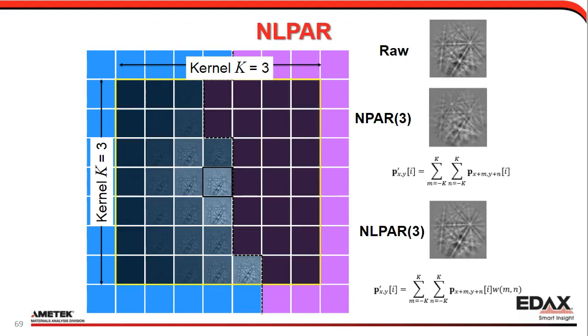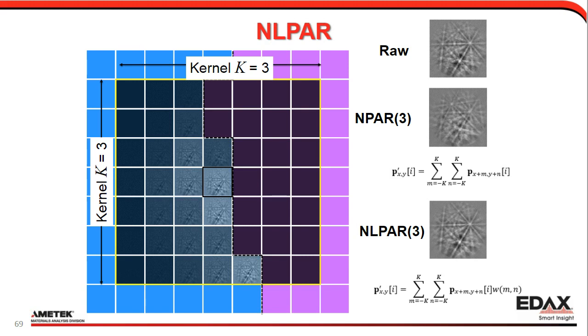But if we do NLPAR and weight those, then you can see that the weighting is reflected in the graphic here by the brightness. So the pattern at the center is very bright. Notice there's another pattern quite similar, quite far away, a third nearest neighbor, which was a little surprising, but you can see that. So if we did NPAR, we get that mixed pattern.